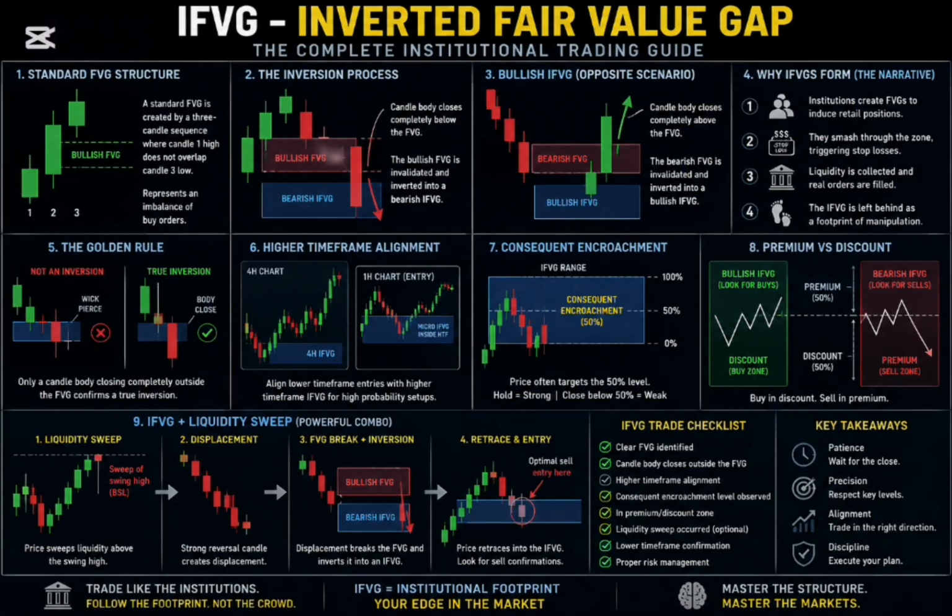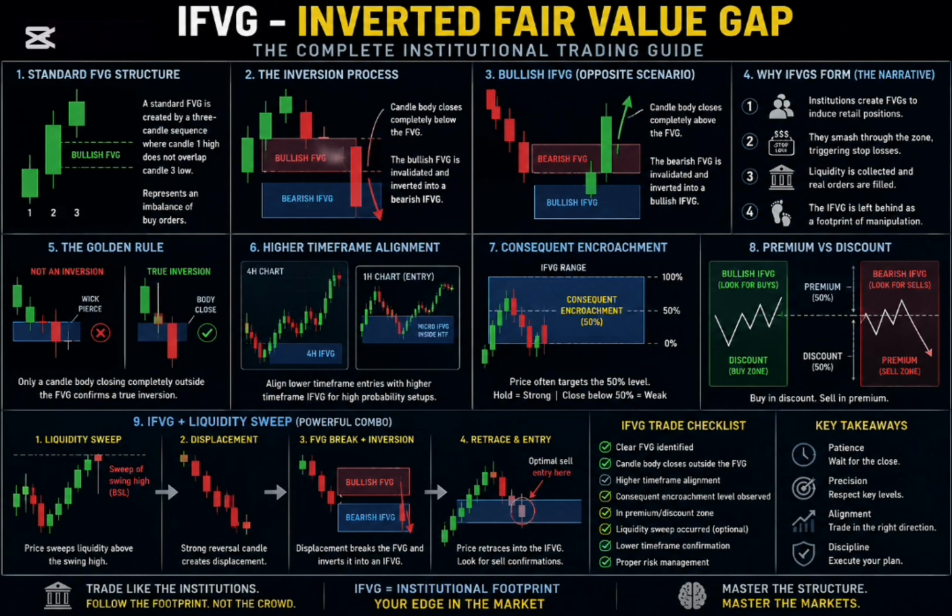Created by the massive second candle in a bullish market, this imbalance represents an area of unfilled buy orders left behind. In a bearish market, it represents a vacuum of sell orders waiting to be mitigated.